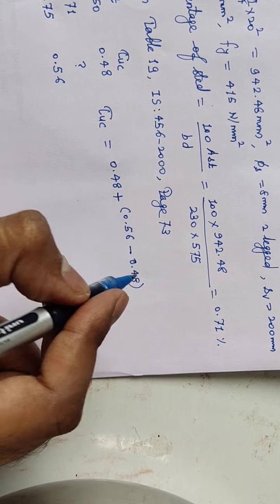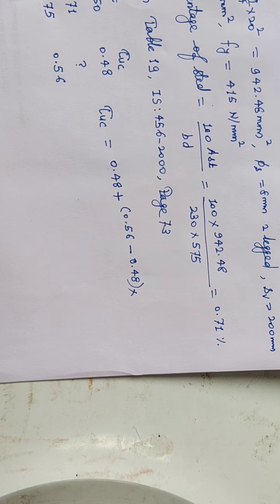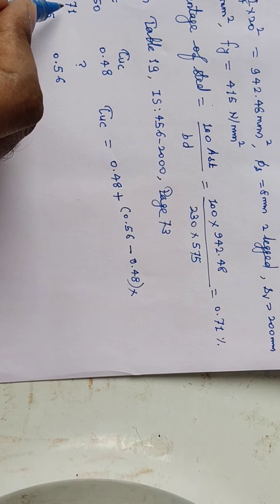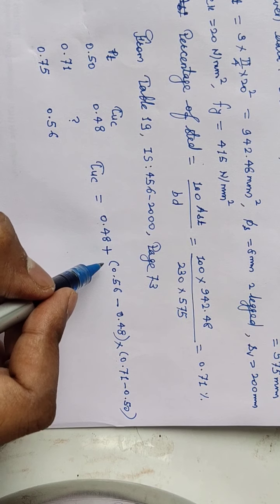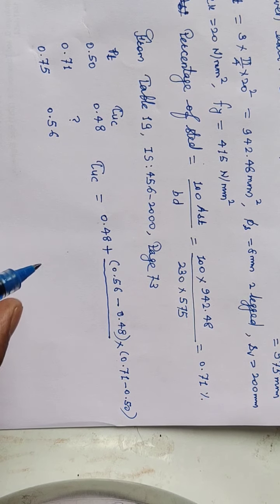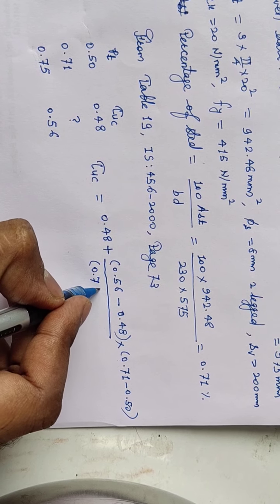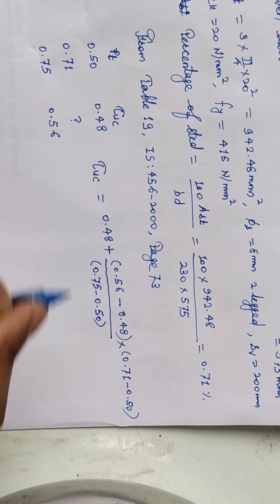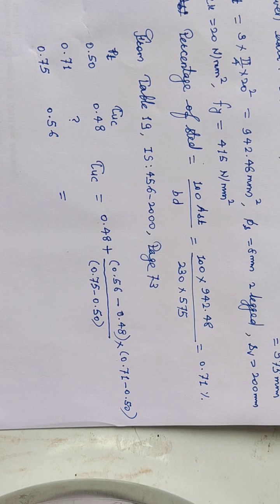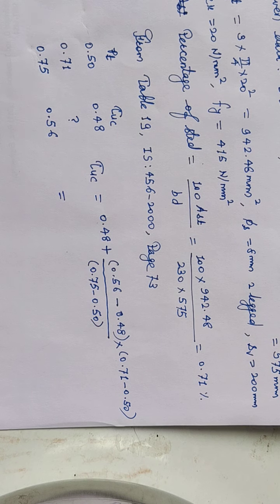So difference of these two multiplied by 0.71 minus 0.50. This product divided by, again one difference is there, which is 0.75 minus 0.5. This is how we find values using interpolation.